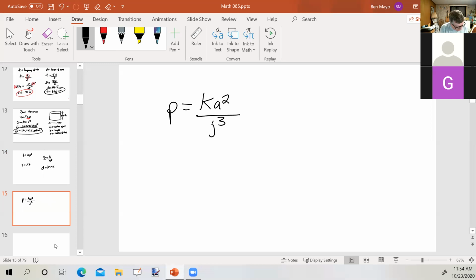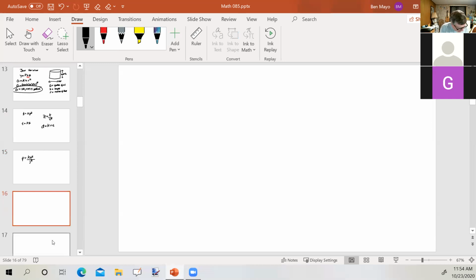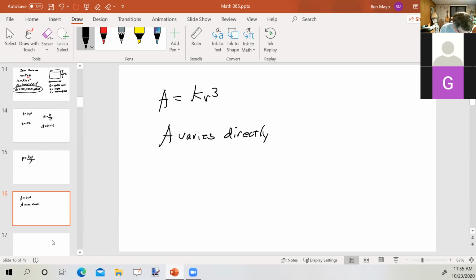Let's go the other way. Let's say we've got this situation. A equals K R cubed. How would you put that in words? You'd say A varies directly as the cube of R. Let's see this one.